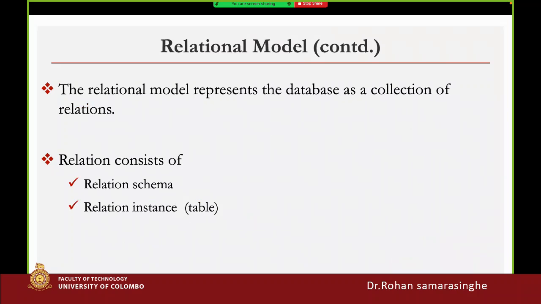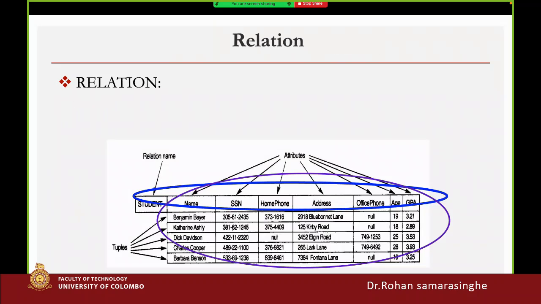The relational model represents the database as a collection of relations. A relation consists of the relation schema and the relation instance. The relation has a relation name, that is the entity name, and the blue ones are the attributes: name, student number, home phone address, office phone, age, GPA.